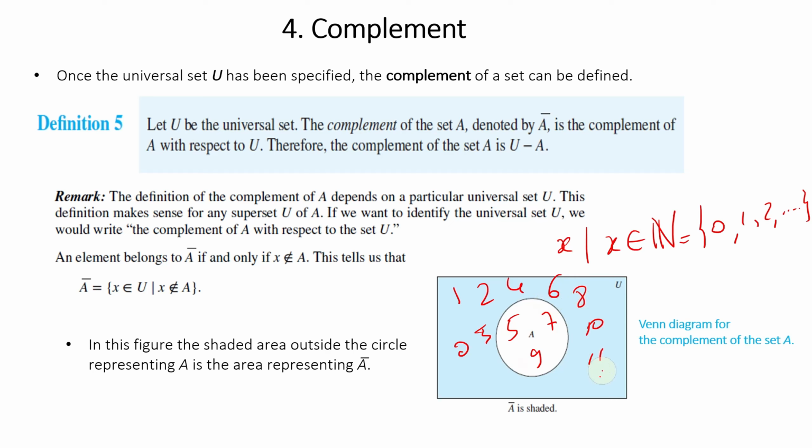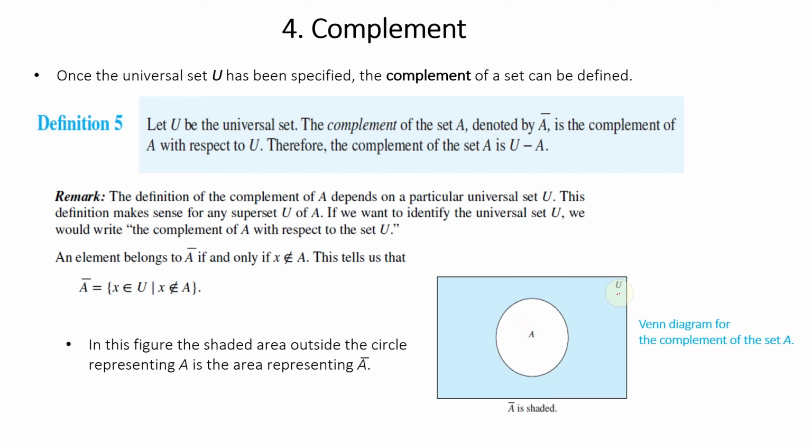So 10, 11, 12, 13, etc., until infinity. So the complement of A is all the other values that are not in A. It's basically the universal set, and I'm removing from that universal set all the values in A. So that's the shaded one.